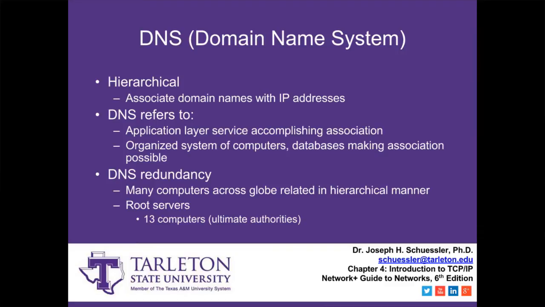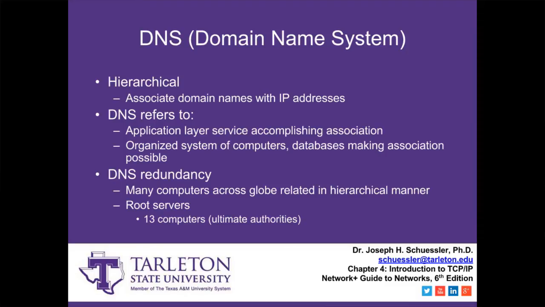So DNS is considered a hierarchical naming structure. It associates domain names with IP addresses. DNS refers to an application layer service accomplishing this association. It's an organized system of computers and databases making the association possible. There's also this idea of DNS redundancy. Many computers across the globe are related in a hierarchical manner.